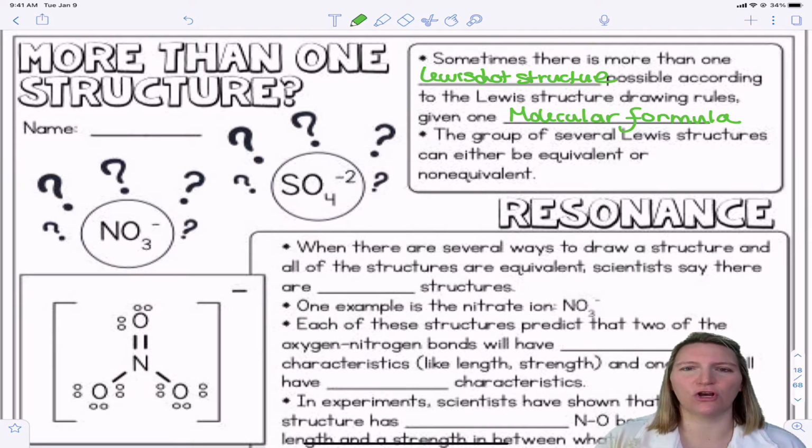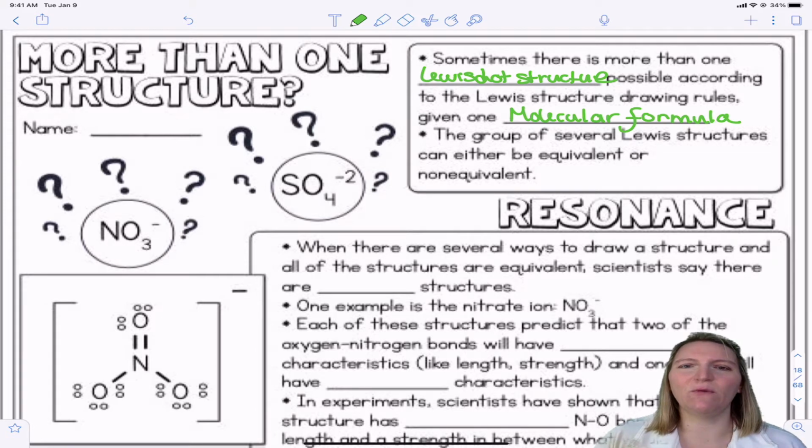Resonance structures occur when, given the same molecular formula, for example the polyatomic ion nitrate, NO3 with a 1- charge, we can actually draw 3 different Lewis dot structures.